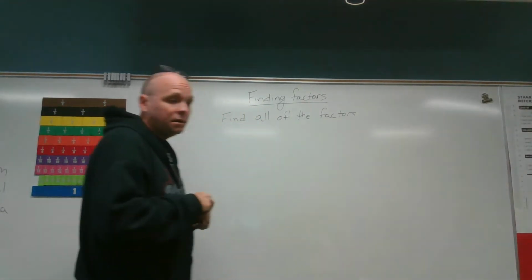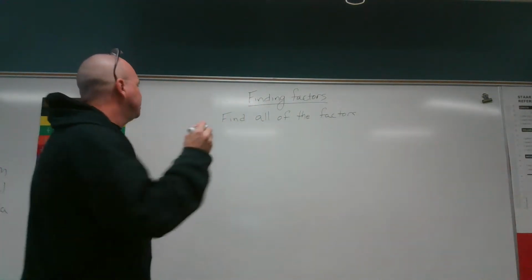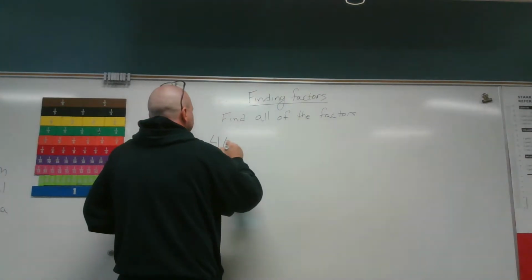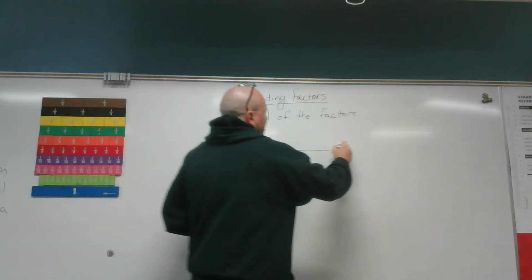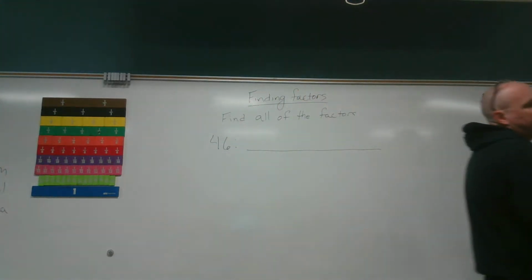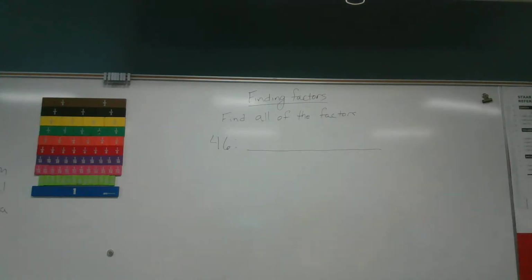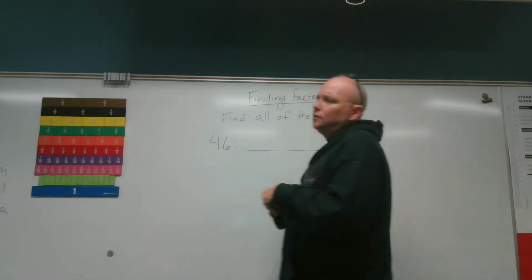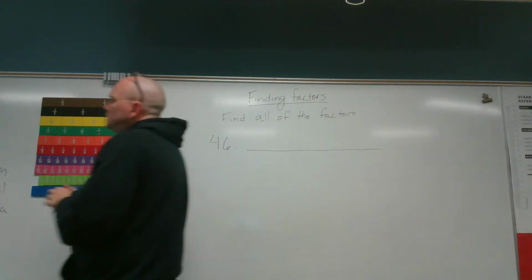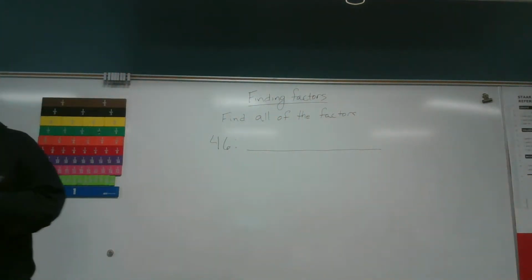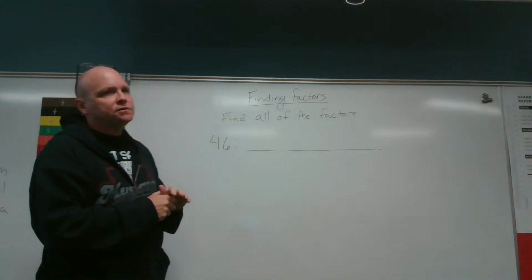All right. So the first one I am going to do. This is going to be an assignment that you'll do tomorrow where you have finding factors. And knowing your divisibility rules is very helpful on finding factors.